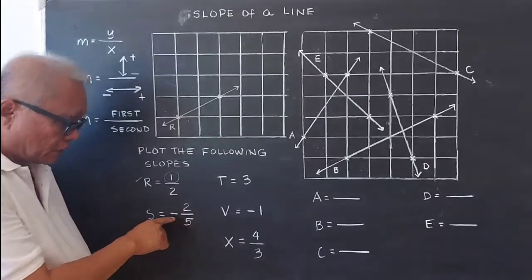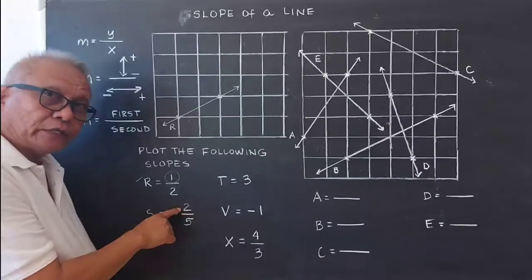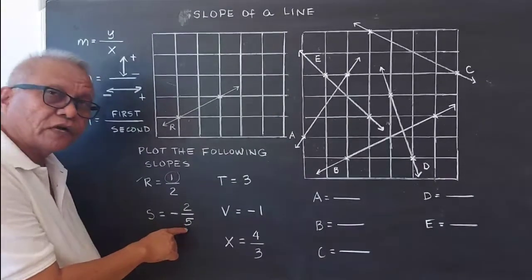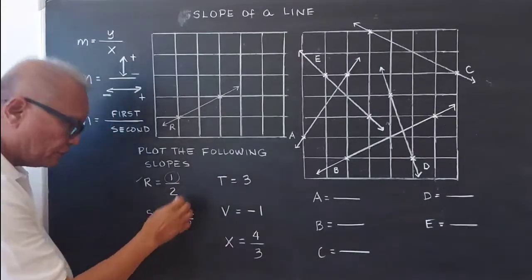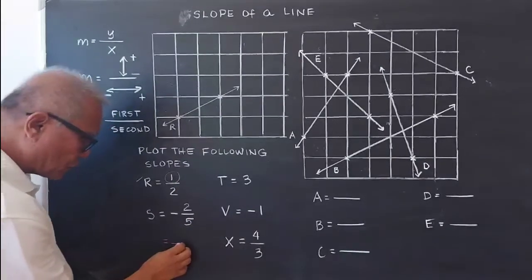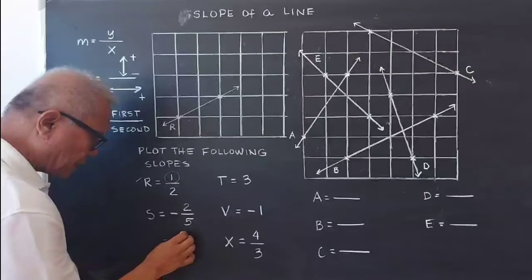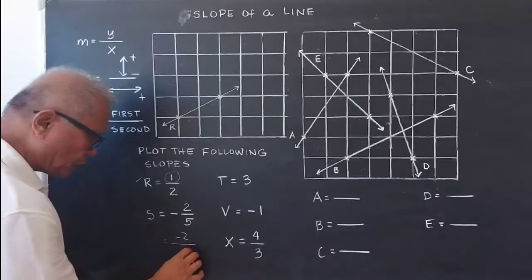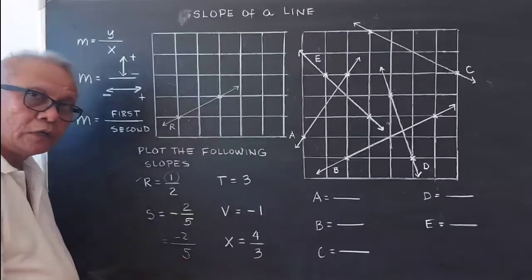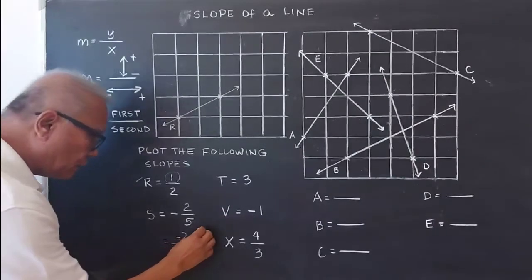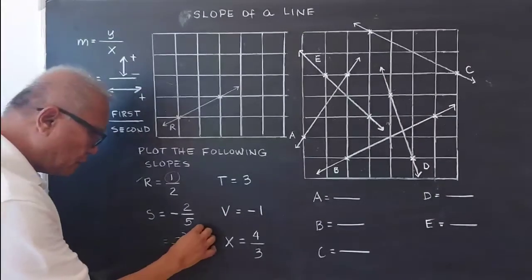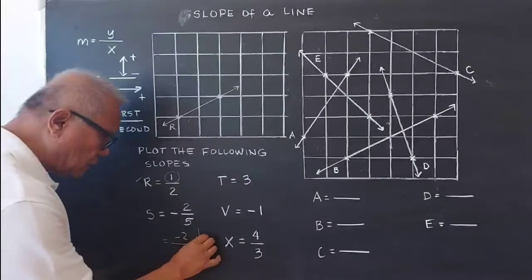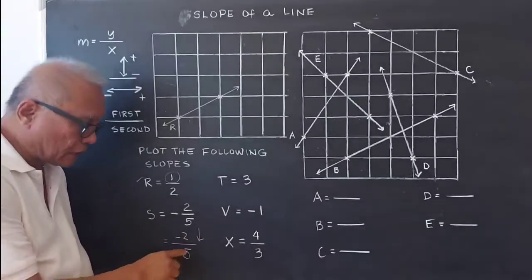You may either put the negative to the 2 here or the negative to the 5 here. It's up to you. So let us put the negative on a 2. So it will be negative 2 and positive 5. Then you put an arrow down, which means that we are going down.